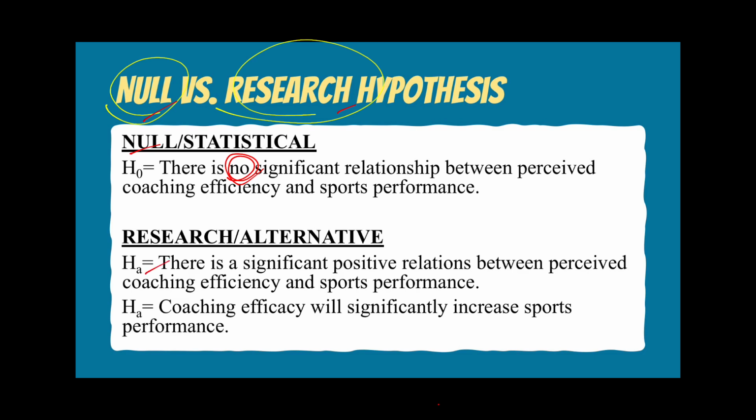As seen here, there's a significant positive relationship between perceived coaching efficacy (IV) and sports performance (DV), and coaching efficacy will significantly increase sports performance. These are also alternative hypotheses. Another indicator that it's null is the symbol H0 for null, and then HA for alternative.